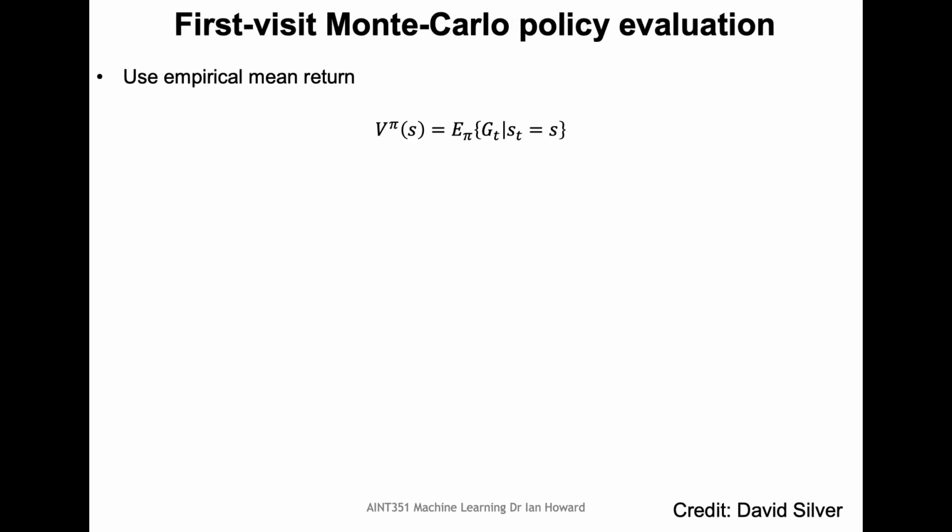So to calculate this, we need to know the gain from a particular state and calculate the expected value. To do so, we need to look at the gain we get over multiple episodes, trying it loads of times in order to get the average value.